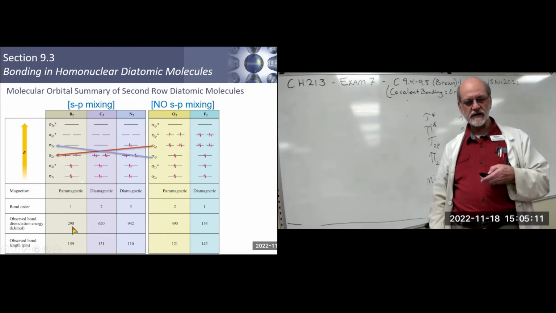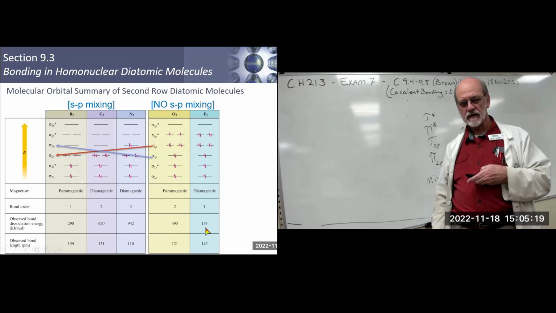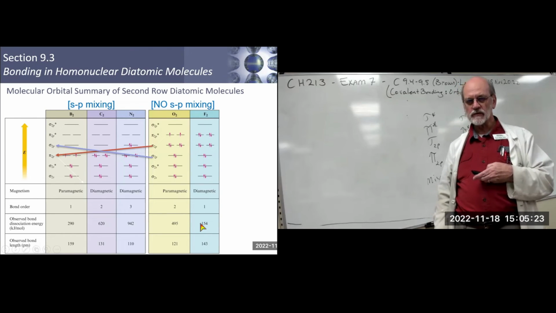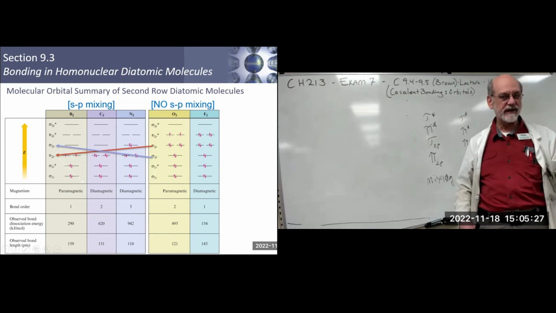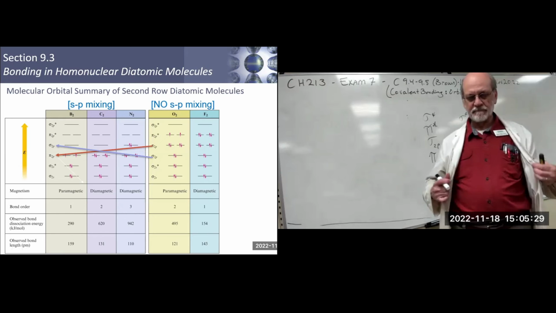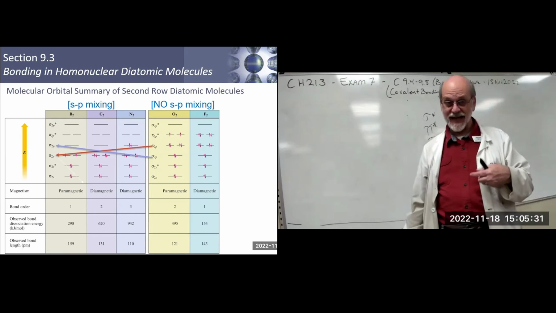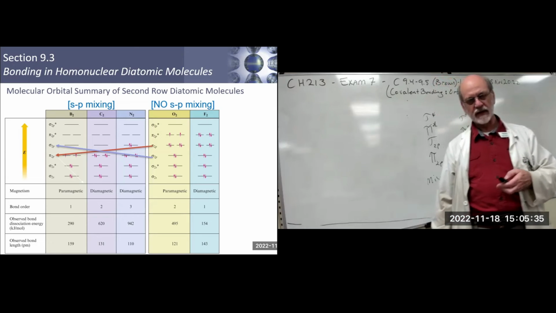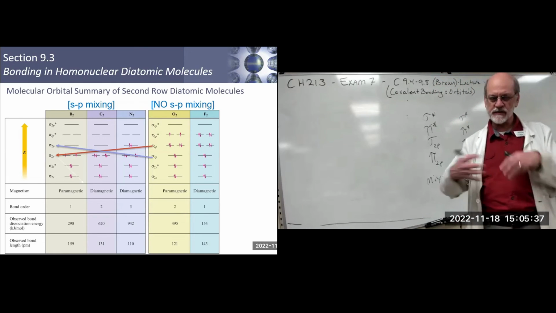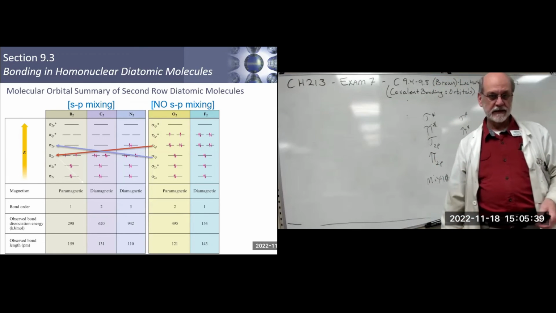The bond energy is 290 kilojoules per mole for diboron, but the single bond energy for fluorine is only 154. So just because they have the same bond order doesn't mean they have exactly the same bond energy. In fact, that had to be determined experimentally. If we had time, we could discuss the significance of the two.